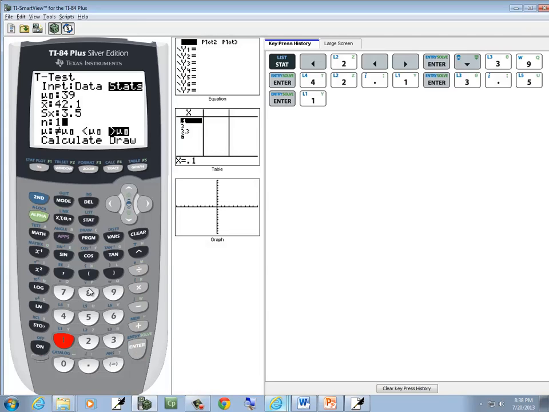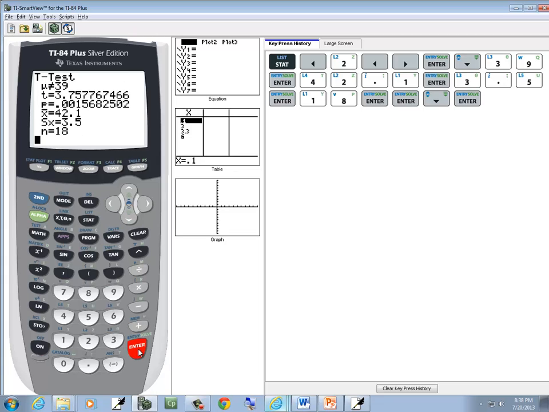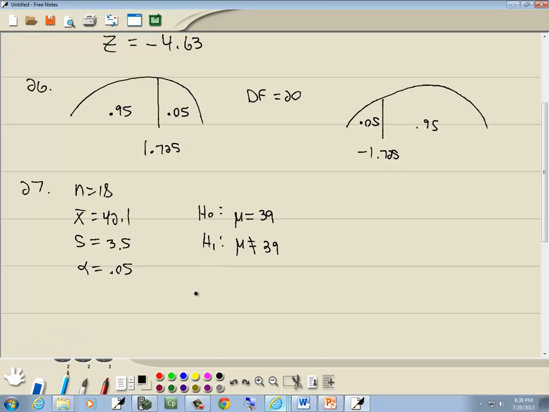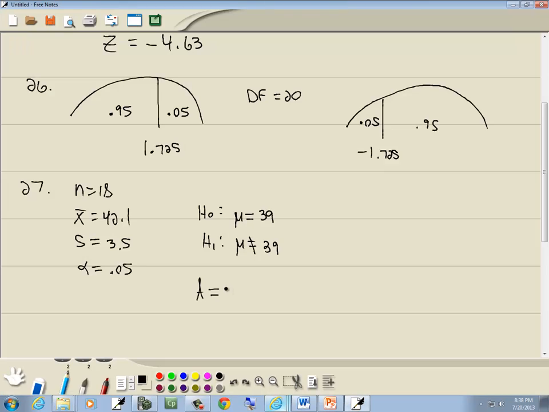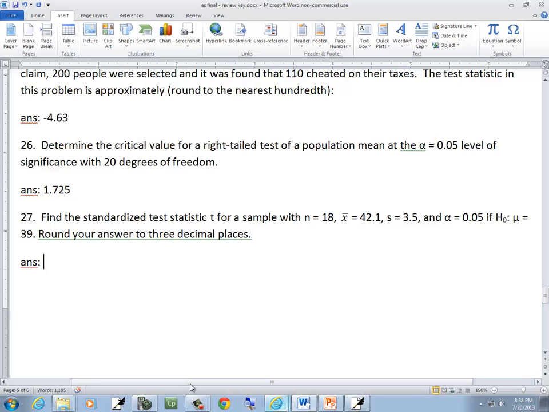It's pretty small N. And the symbol off of our H1, which was not equal to. So I had my flashing cursor on it, so I pressed enter. And then I'll down arrow to calculate and press enter. The t equals is our test statistic. So for this one, t is equal to 3.76. And that's our answer. 3.76.